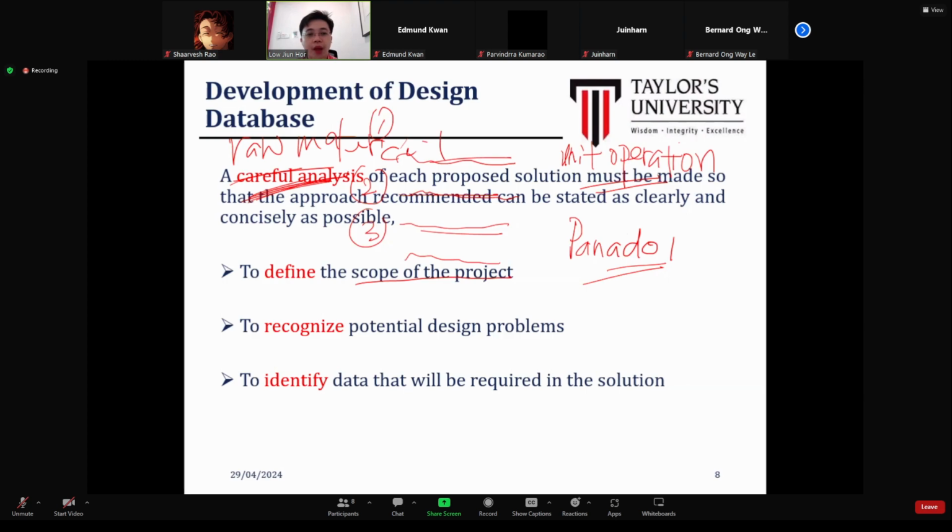So we continue. Just now, I told you already, different processes, different pathways, have different scope of the project. And also since they involve different processes, later in the identified process pathway you will also encounter different design problems, due to the different technology and processes that you are going to use.